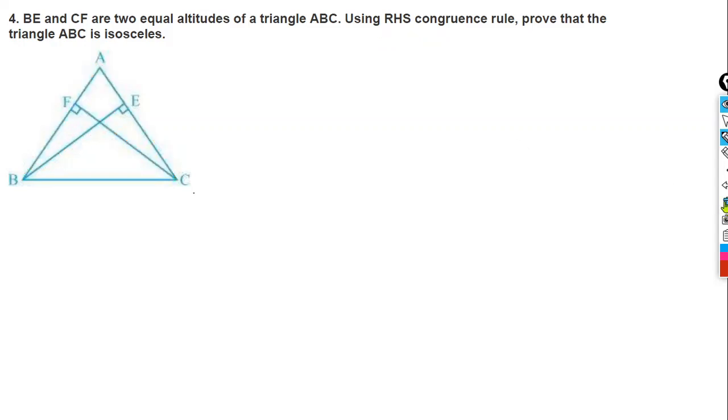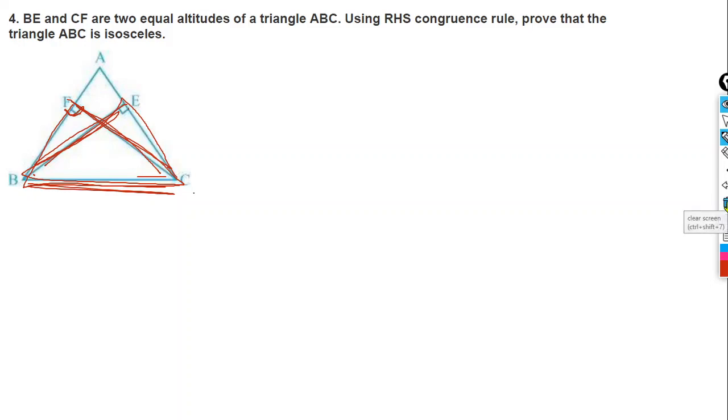Then we have to take triangle BFC and triangle CEB. Now in between these two triangles, the right angle is there, the hypotenuse is common, BC, and one of the sides, that is this altitude, is equal. So we can prove these two triangles congruent by RHS. After that, we'll move to the next part.